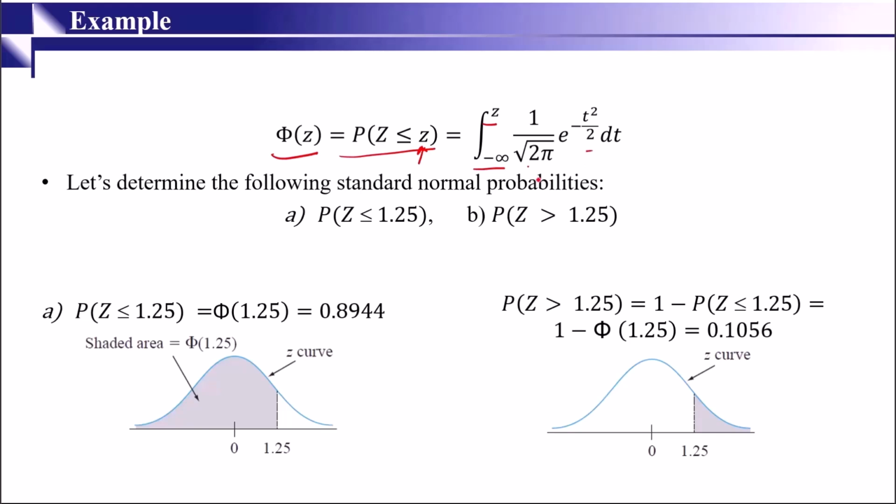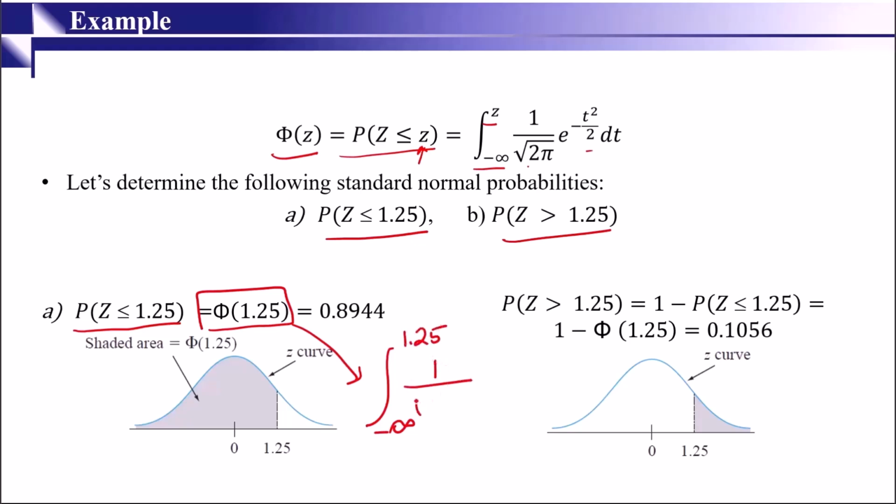Let's dive into a practical example. We're going to calculate standard normal probabilities. For example, z less than or equal to 1.25 and z greater than 1.25. So we show the probability of z less than or equal to 1.25 using phi 1.25, right? And this equals the integral from minus infinity to 1.25 of 1 by root square of 2 pi e in power of minus t squared divided by 2 dt.